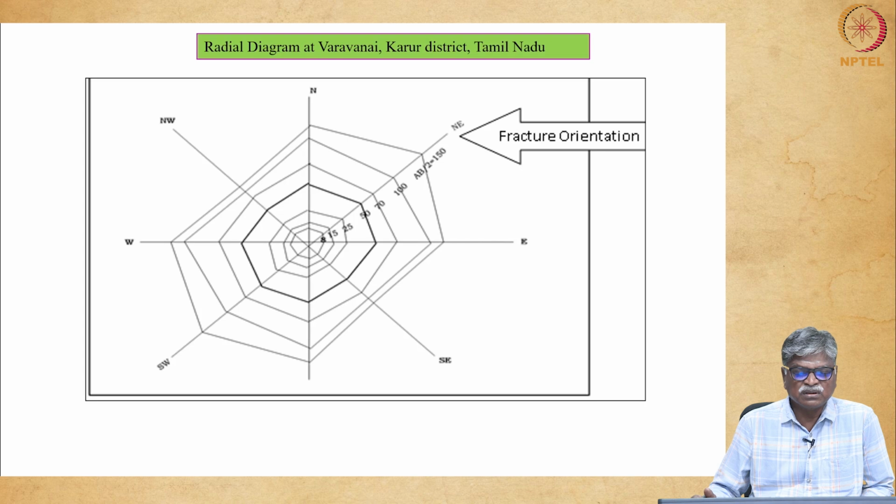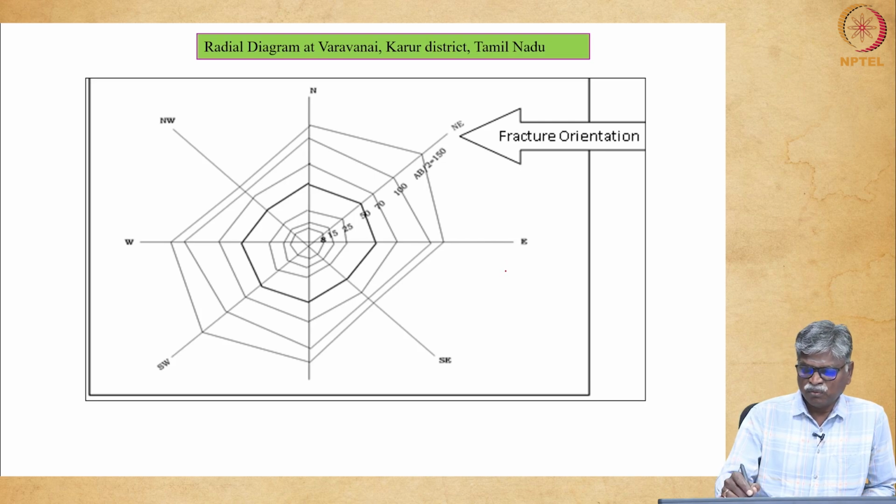Another one, and in the previous slide I told you, is the radial electrical sounding. Radial electrical sounding is used to find out the orientation of the fracture. You know how to do the VES while keeping one place. Suppose this is the center.